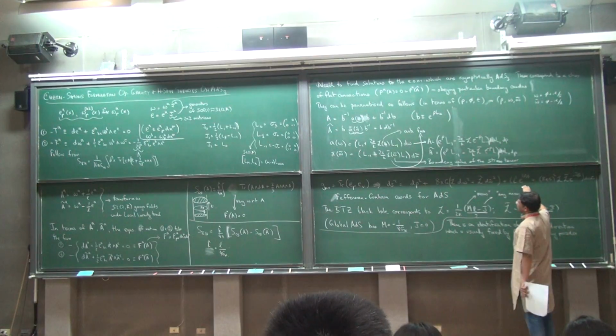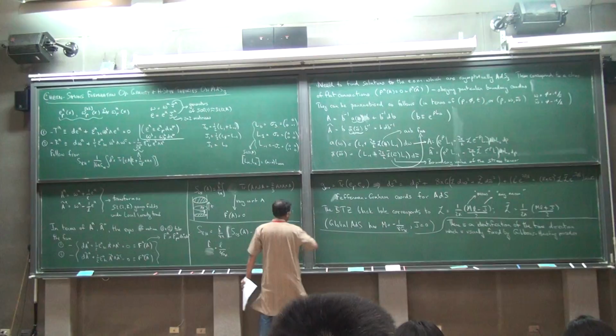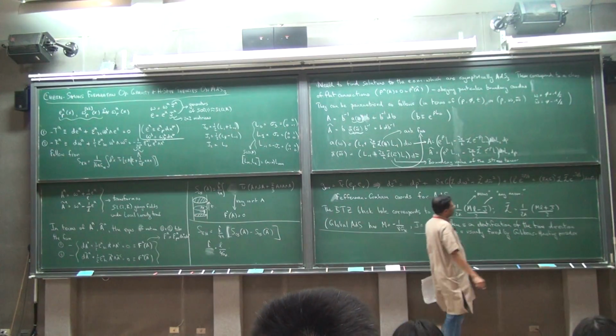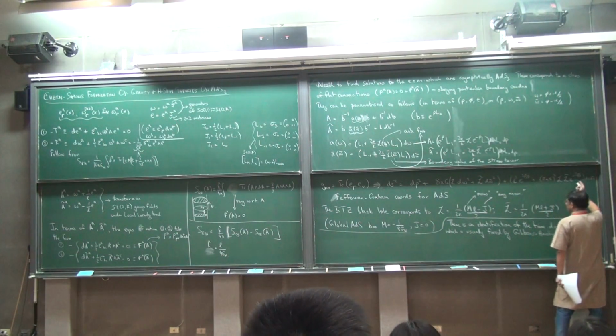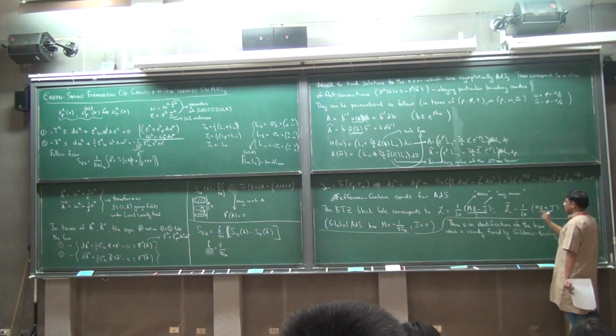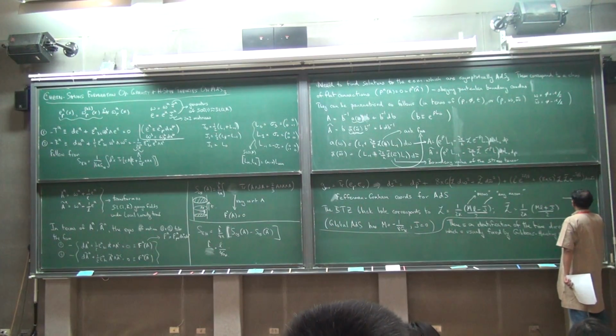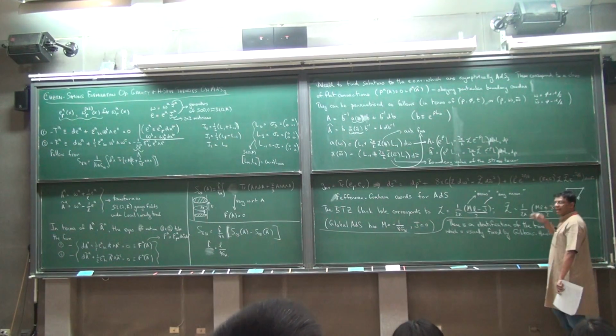So you can take this metric and demand that, so this w and w bar, remember w was like phi plus i t, so it's a complex coordinate. Now phi was of course periodic, let's say 2 pi, but time also, if it is periodic, then essentially you have two periodicities, so it's like a parallelogram.